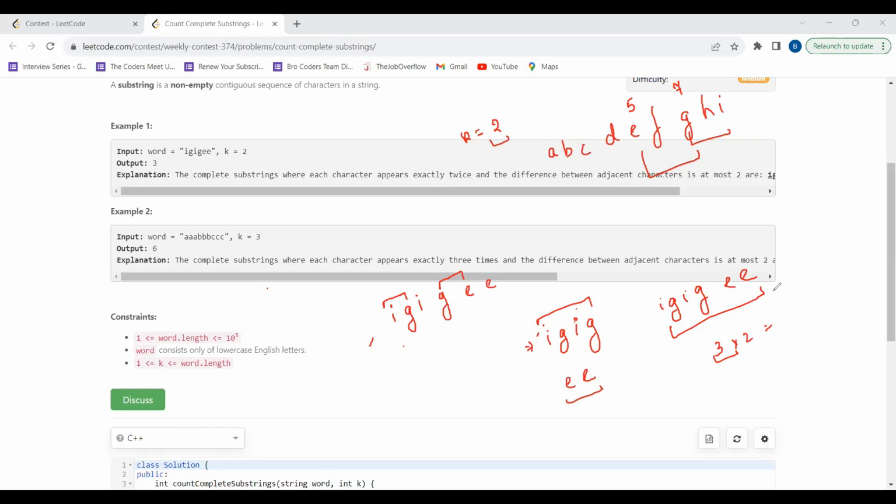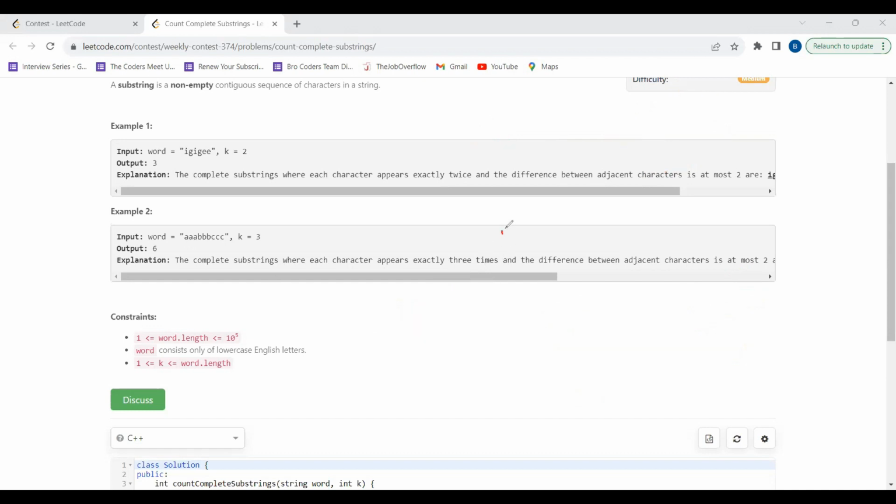So this example was pretty straightforward. Now let me make this a bit more complex: I G I G D D E E. Now tell me, what's the difference between the ASCII values of I and G?